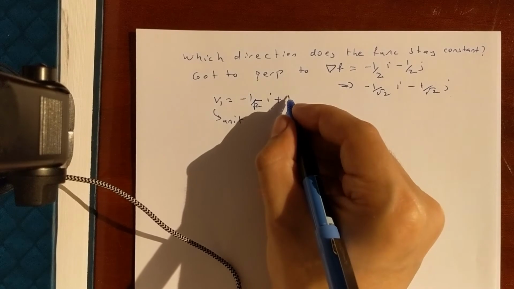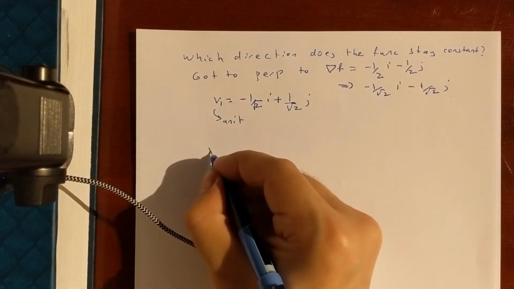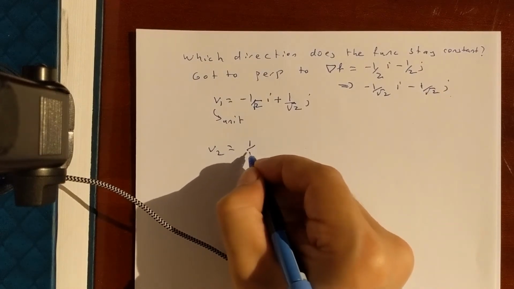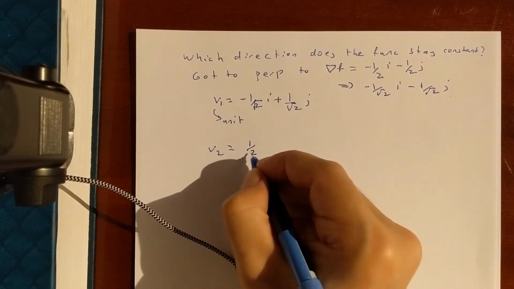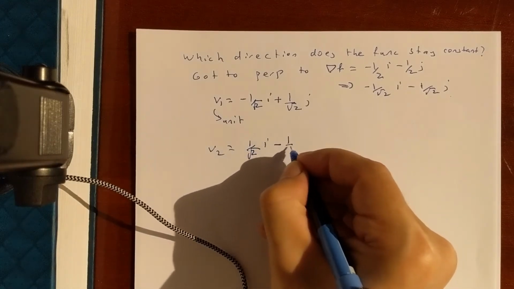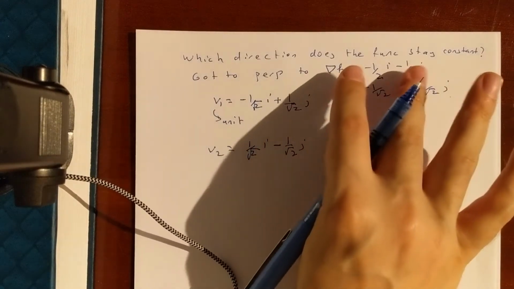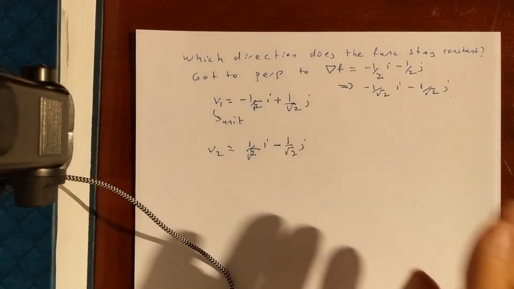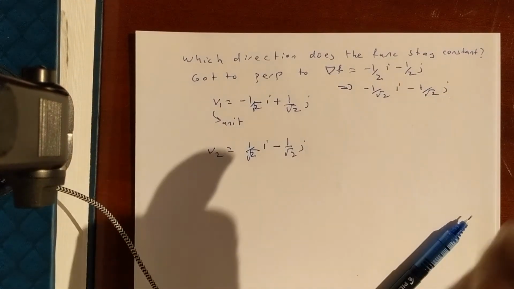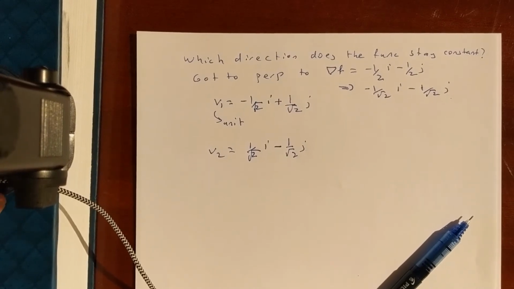So I'm going to make it a plus 1 over square root 2 j. And v2, there's two of them. This time I'll change the sign of the first one: 1 over square root 2 i, and I'll keep the sign the same on here, 1 over square root 2 j. Now, if you multiply the gradient of f with v1 and with v2, they're both 0. So in these two directions, one direction and exactly the opposite direction, there will be no change.